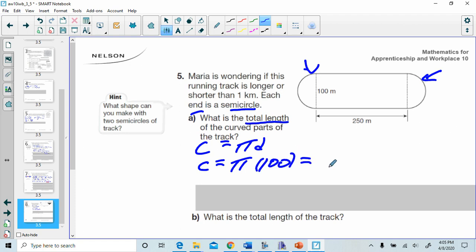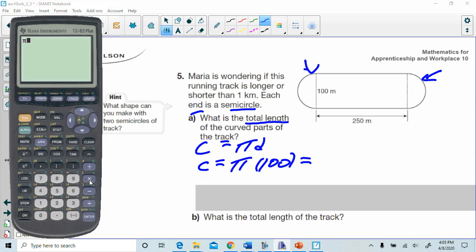With pi, you'll get a number you'll have to round. Without pi, just 3.14 times 100. Again, we'll go to the calculator and use the pi button. Second function pi times 100. There's that number.